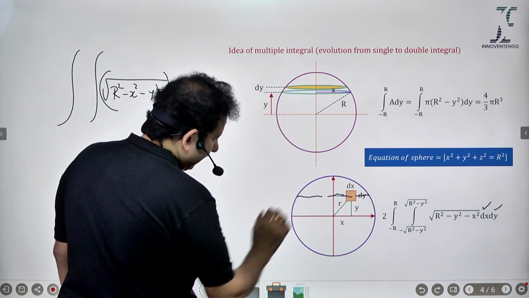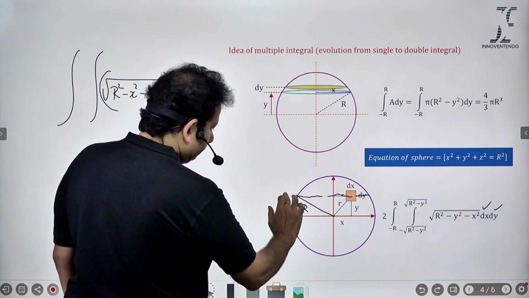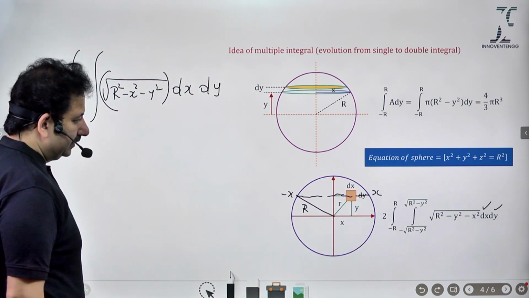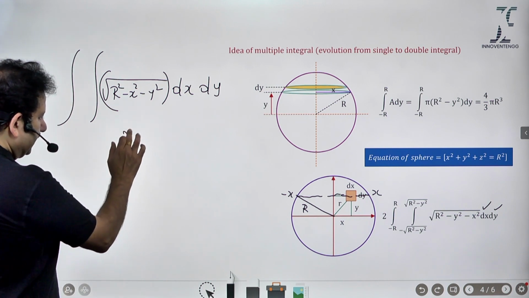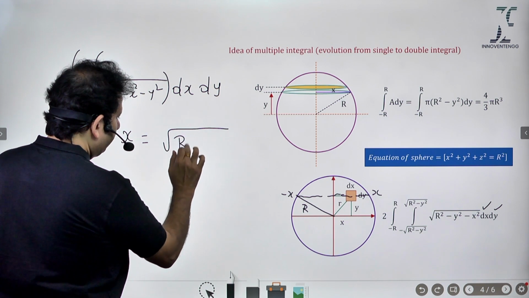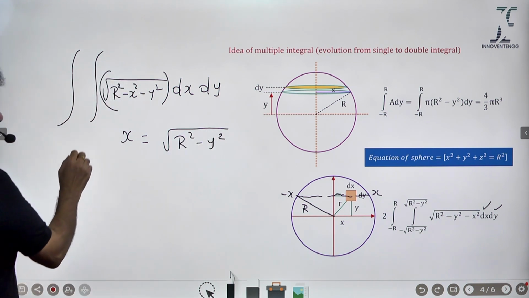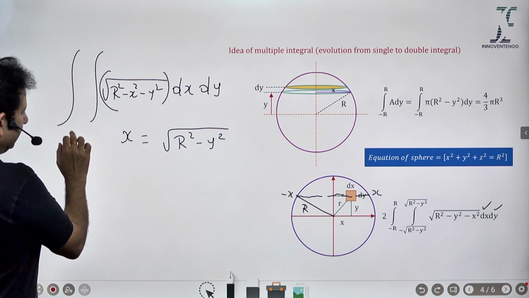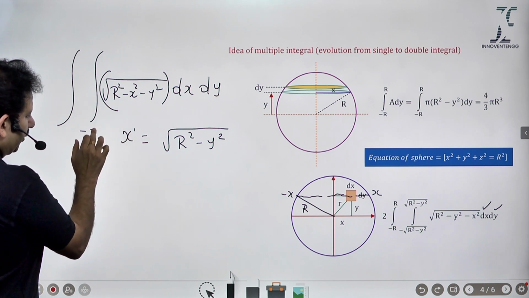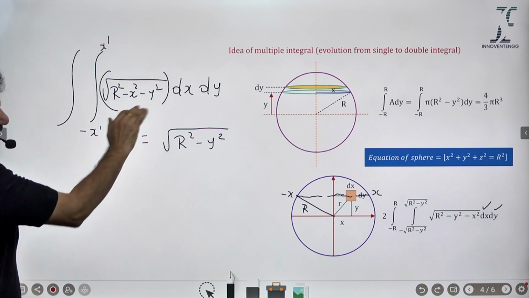I know that this height is y and this radius is r, and therefore this becomes my limits of x. That x is obviously given by the Pythagoras theorem, that is root of r square minus y square. If I call this x dash, just to avoid confusion, the limits are minus x dash to plus x dash.